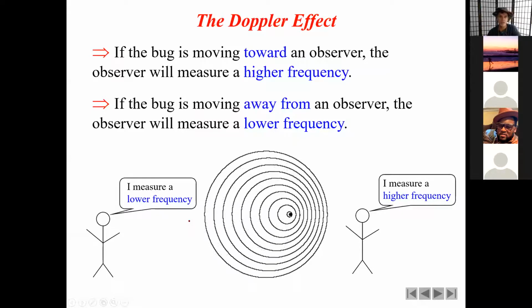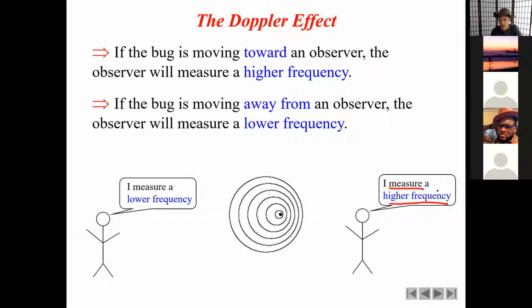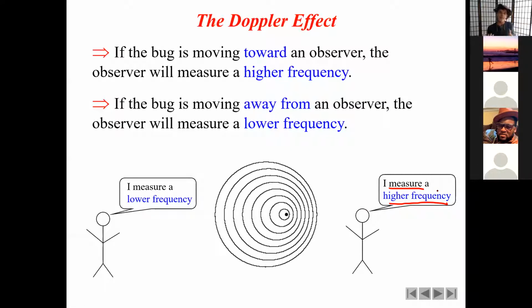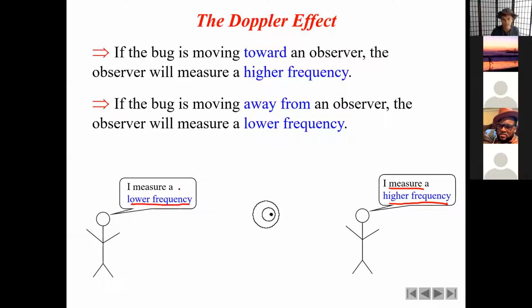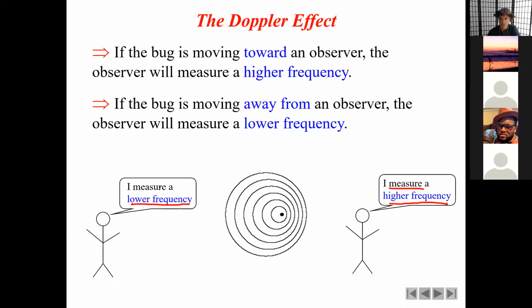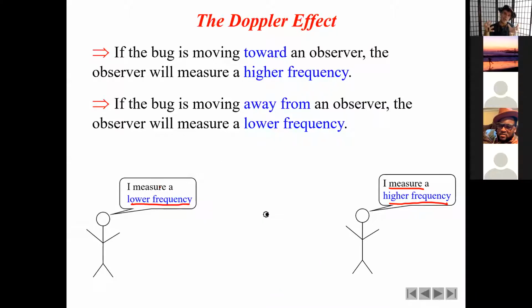A lower pitched sound is one that has a lower frequency. So if the bug is moving towards me, I'm going to detect a higher frequency. And if the bug is moving away from me, I'm going to detect a lower frequency. So sound source moving towards you, you detect higher frequency. Sound source moving away from you, you detect lower frequency.